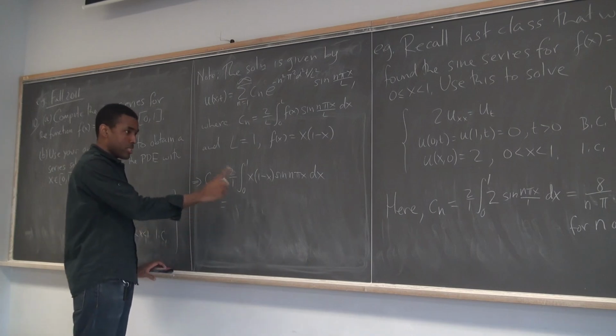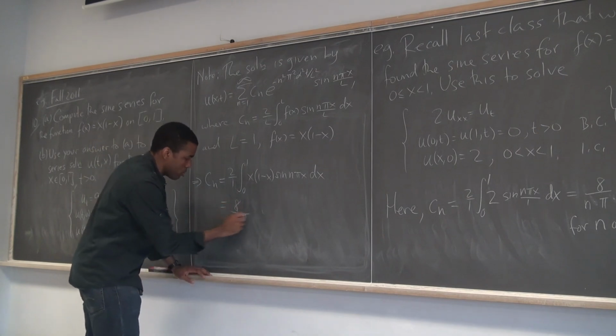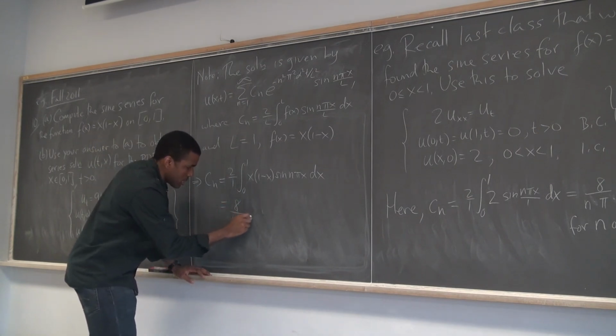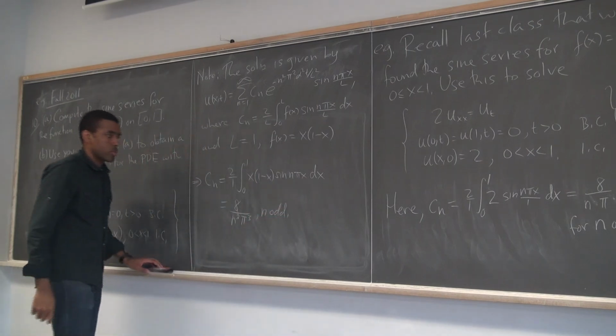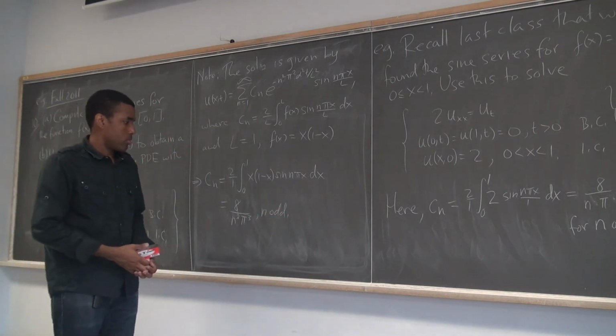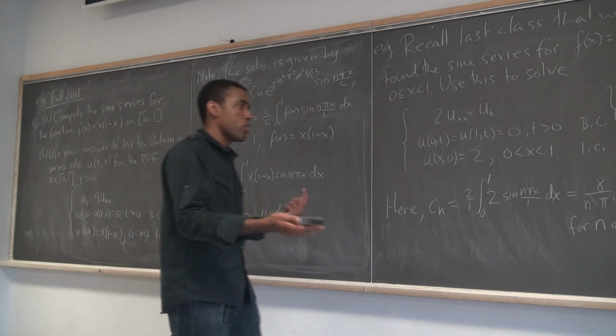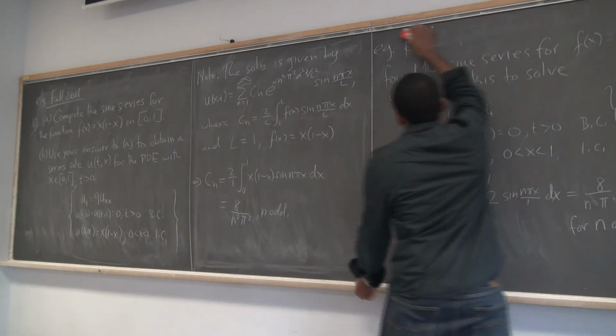Okay, so this was actually 8 over n cubed pi cubed. And this was again for n odd, I suppose. Yes, right? It was 0 when n was even, and it was that when n was odd.